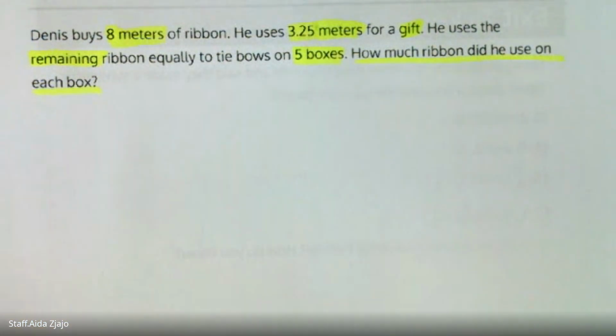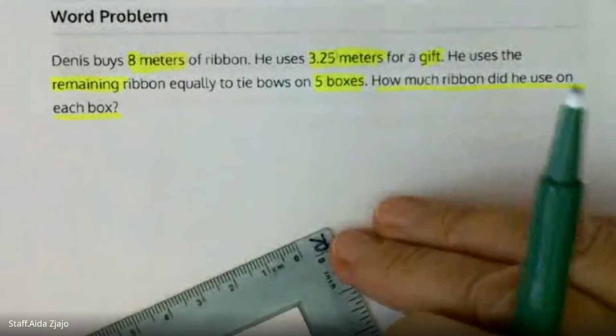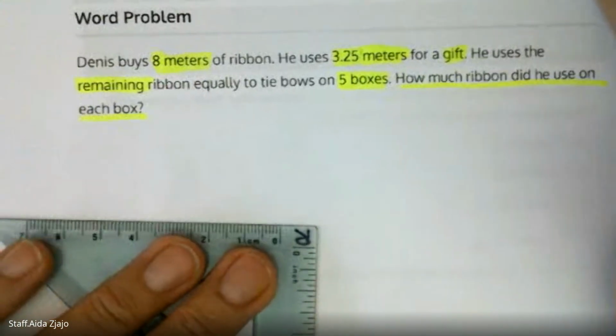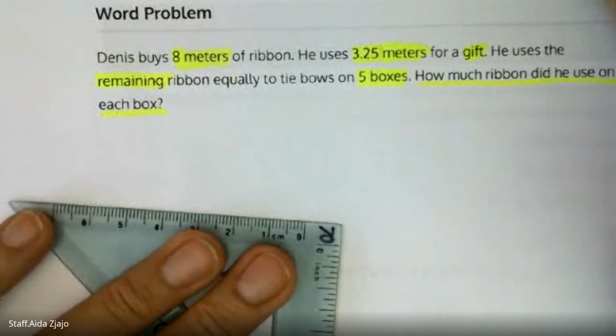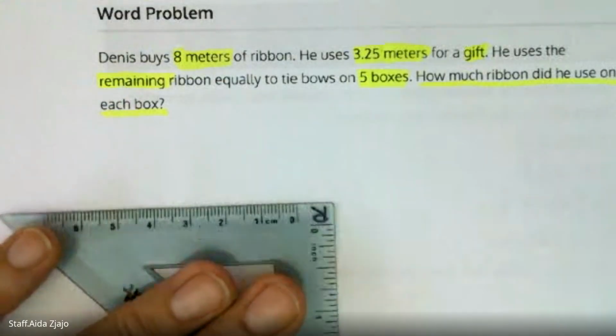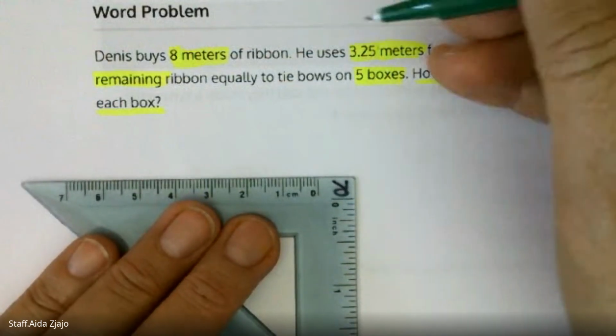So we start with reading, and then we will draw a problem, and then we're going to do a calculation and write. So Dennis buys 8 meters of ribbon. Let's pretend that today maybe we can use a number line.